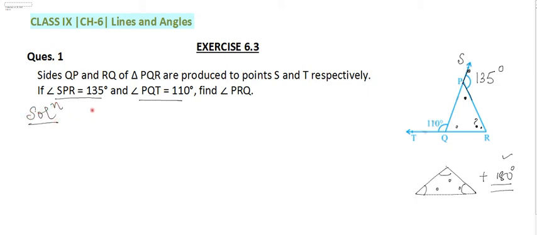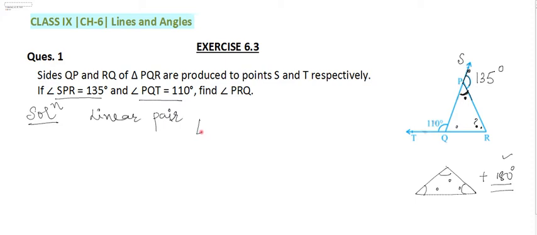So if I apply linear pair in angle SPR and in angle QPR, so this plus this will be equal to 180 degree. So if from 180 degree I subtract 135, I will get value of this particular angle.